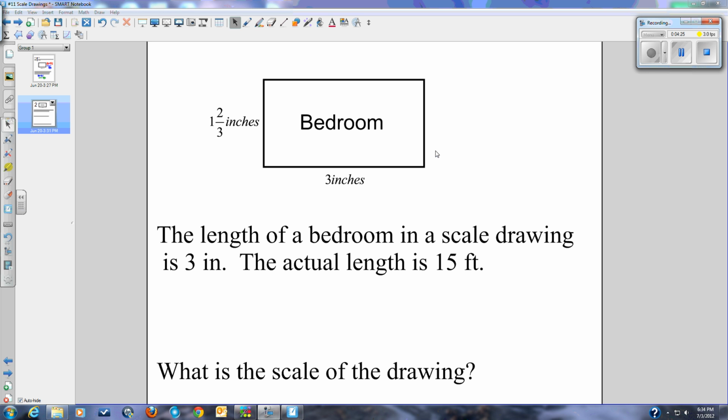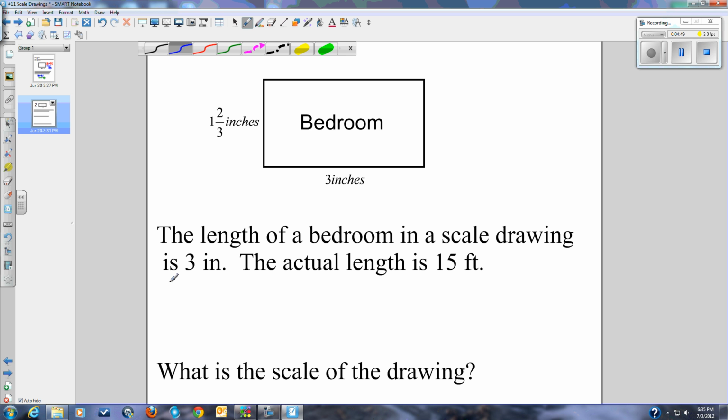Here we have a scale drawing of a bedroom. It looks like the width in the drawing is 1 2/3 inches, and the length is 3 inches. The length of the bedroom in the scale drawing is 3 inches, which we've drawn in here. The actual length is 15 feet.